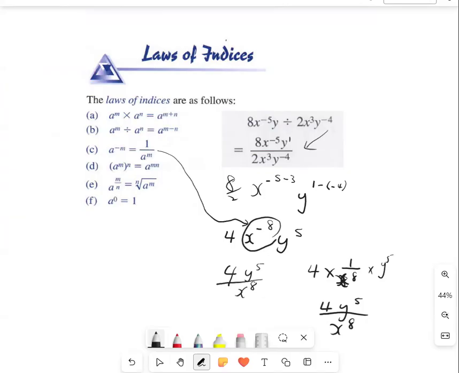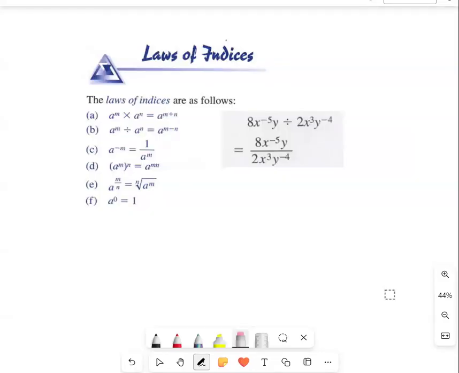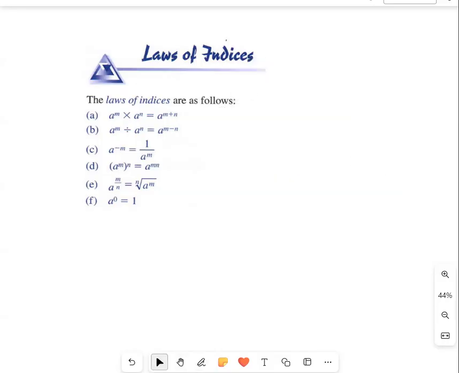So sometimes more than one law is being applied at the same time. Let's go now.